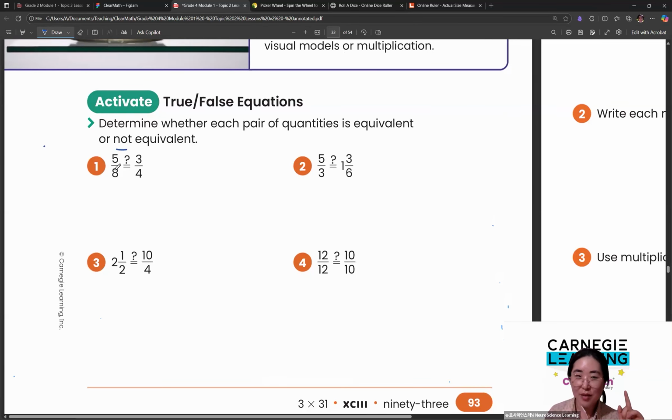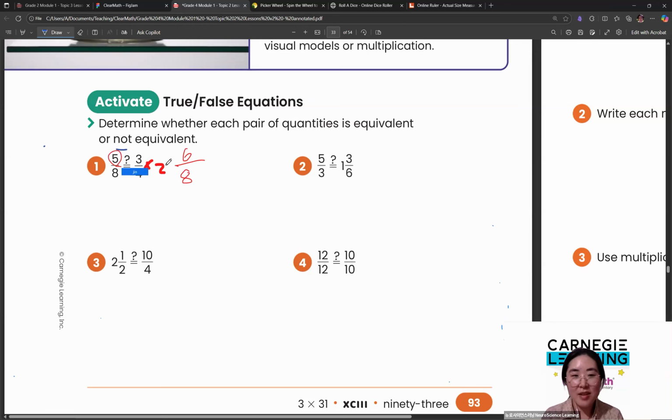Okay, number 1, 5/8 and 3/4. No. Why not? Because if we multiply 3/4 by 2, then this becomes 6/8.